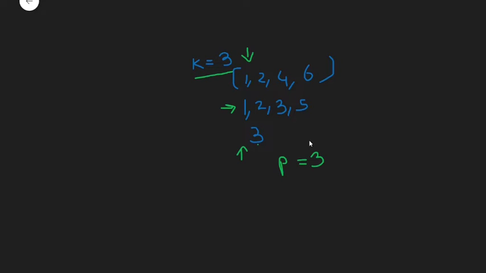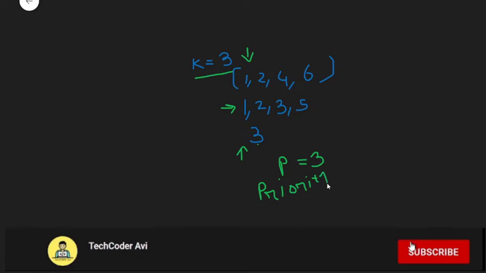That is, we can hold a maximum of k elements in our heap, right? So in C++ we have a data structure which is known as priority queue, and using this priority queue we can implement min heap, right?